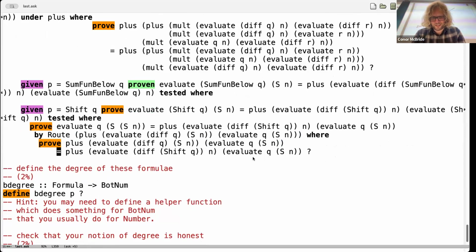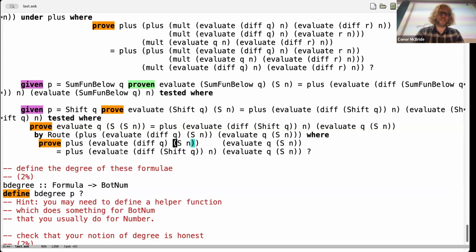So then we can see what we have. Right, so again, this bit is just what it is. We can balance it out. We have it on the left, we have it on the right, so we don't need to worry about that. And we need to define diff of shift of q in such a way that when we evaluate it at n, we get the same thing as if we evaluate diff of q at s of n, right?